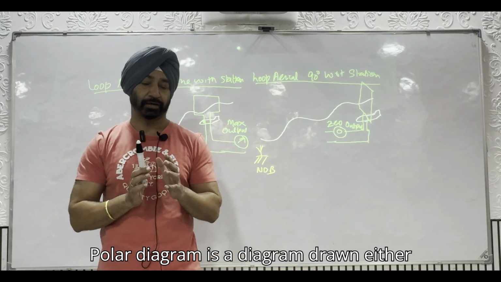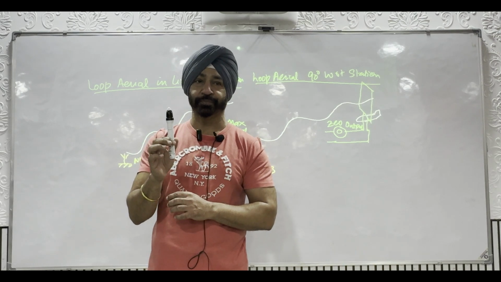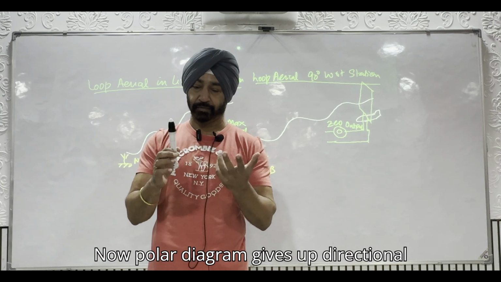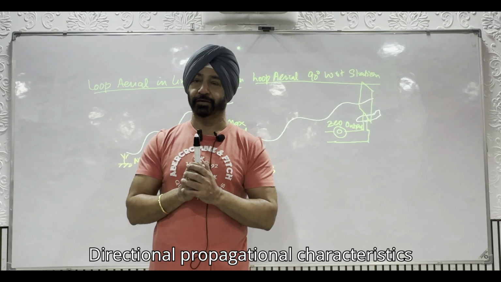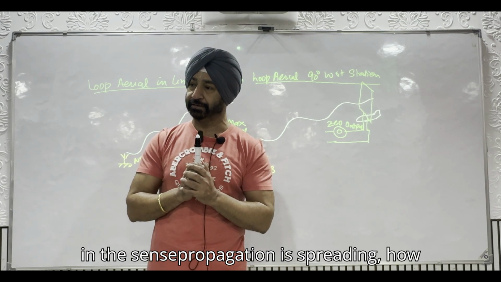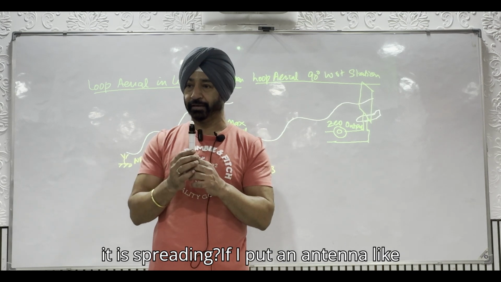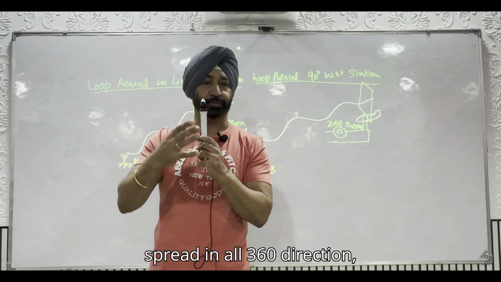A polar diagram is a diagram drawn either for the receiver aerial or for the transmitter aerial. Now the polar diagram gives the directional propagation characteristics. Propagation in the sense of spreading, how it is spreading. If I put an antenna like this, vertical, in which directions will it spread?